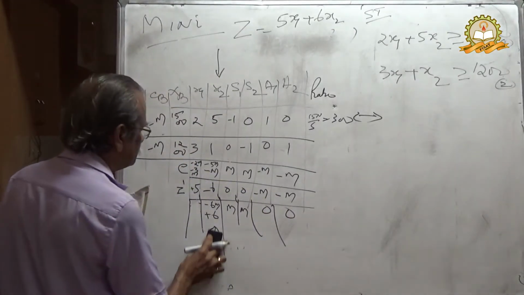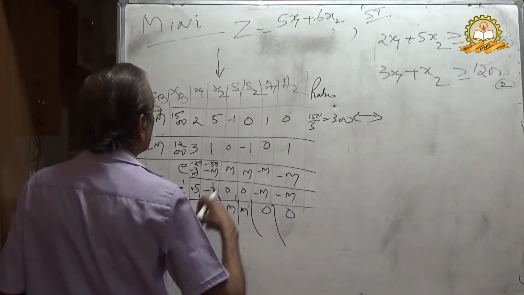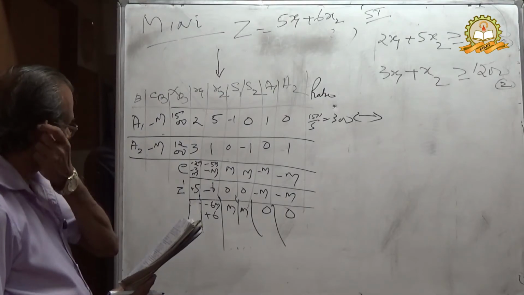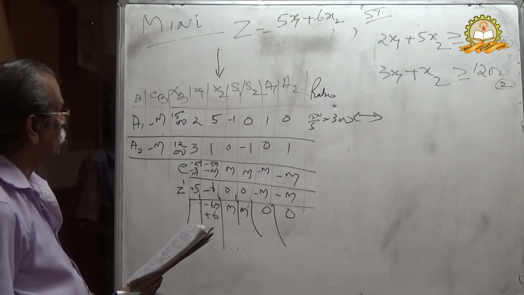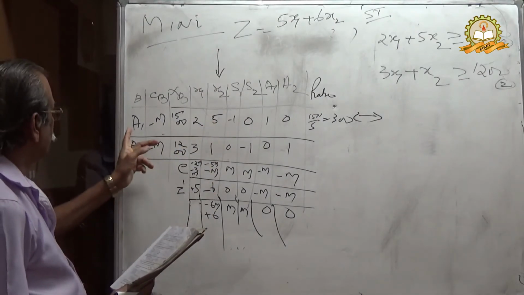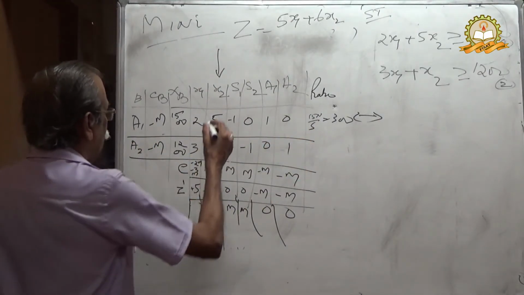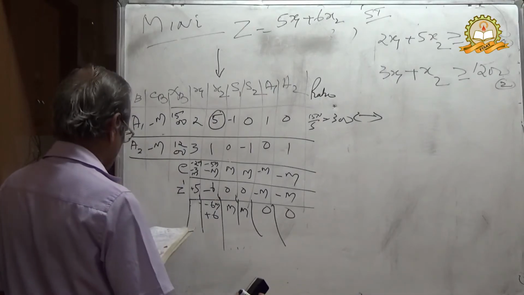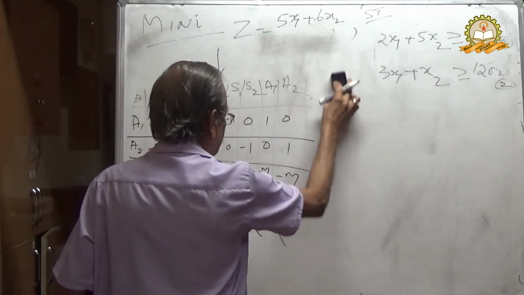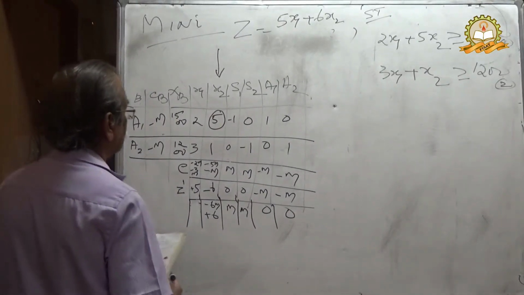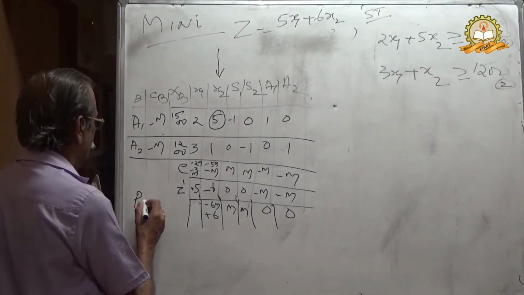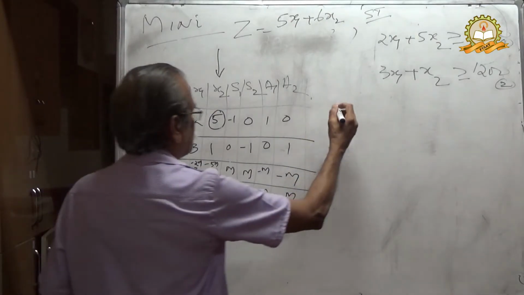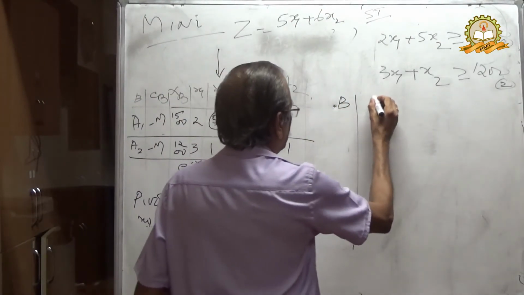The pivot column x2 and the pivot row A1 intersect at 5. The pivot number is 5.